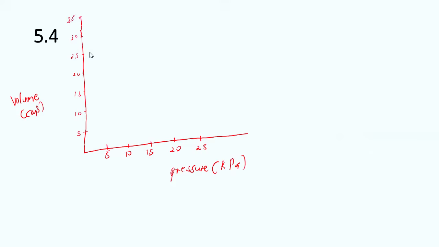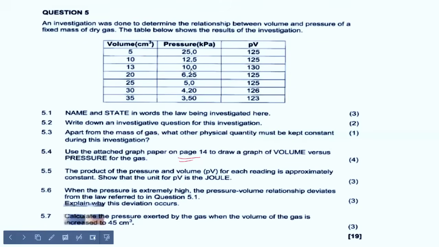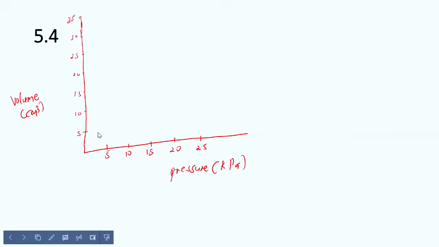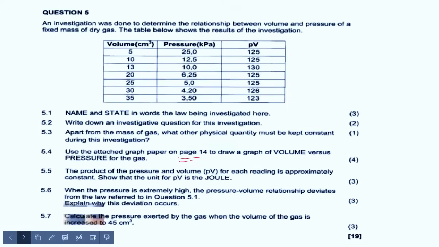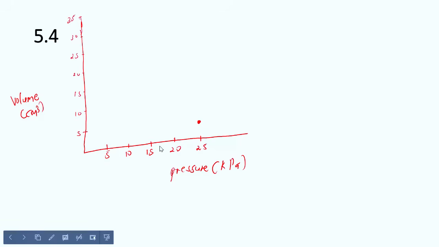So this is our y-axis, and this is our x-axis. Then using the values there, you can see that we are given 5 to 25. So 25 to 5, we will plot our value here. The second one is 10 to 12.5, so 12.5 would be somewhere here.